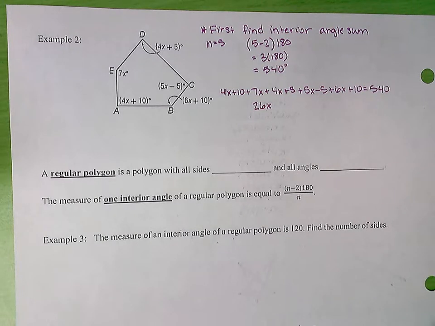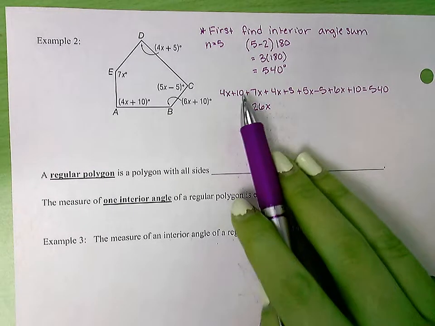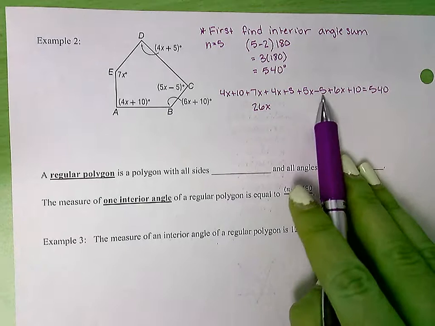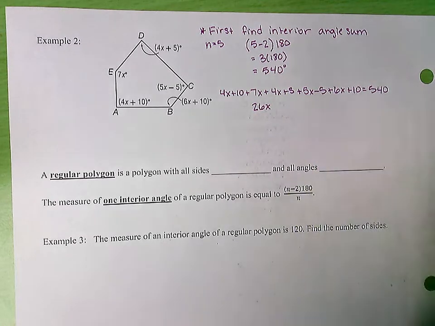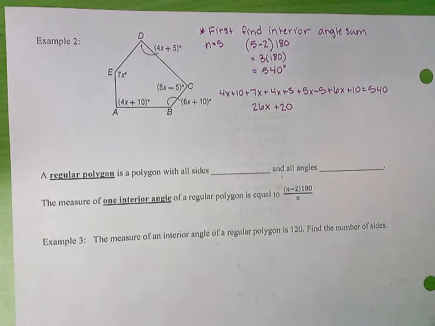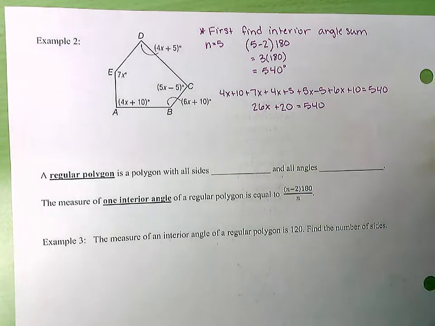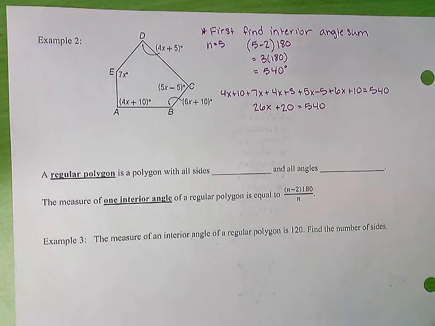I got 26x. Then I want to add all of my constants together. So I have this 10, a 5, a minus 5, and a 10. So that's 20. And that's still equal to 540. Now I'm just going to continue to solve for x.